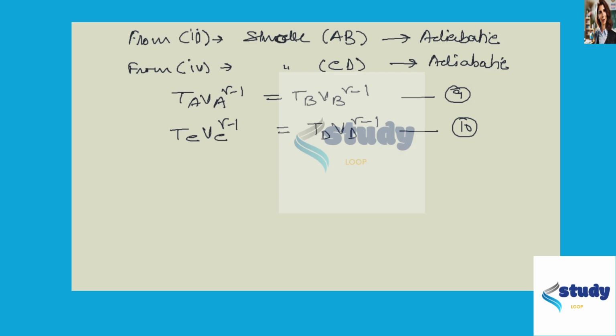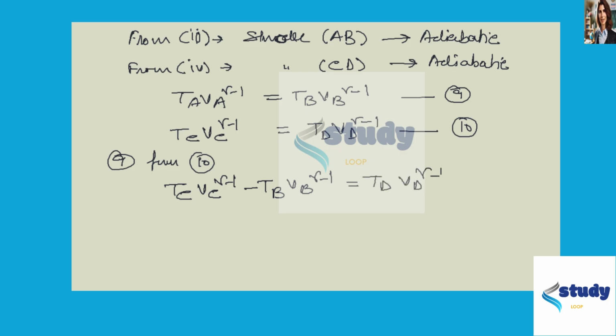Now subtracting equation 9 from 10, we will get TC VC^(rho minus 1) minus TB VB^(rho minus 1) is equal to TD VD^(rho minus 1) minus TA VA^(rho minus 1).